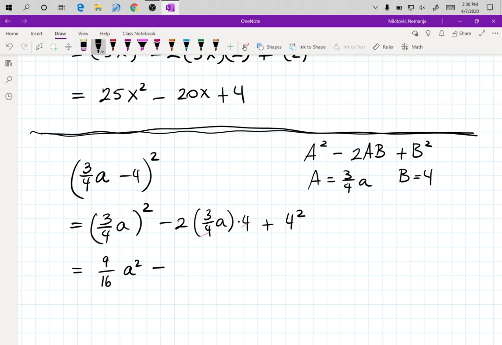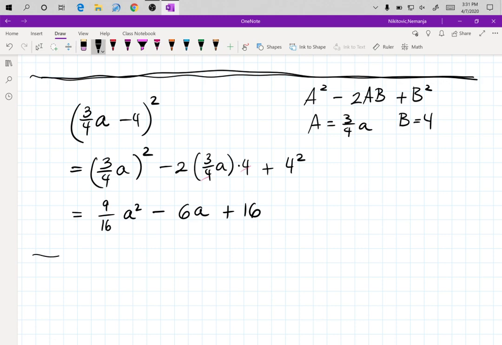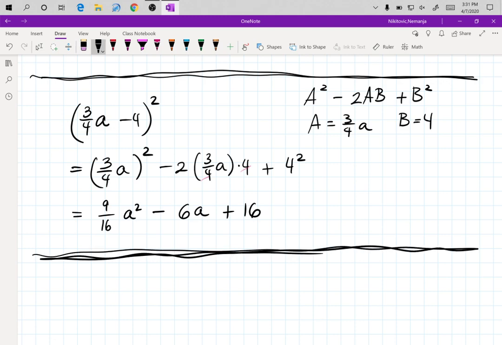So when they cancel, we just have 6a, 3 times 2 is 6, and then plus 16 at the end. All right, let's take a look at another one.